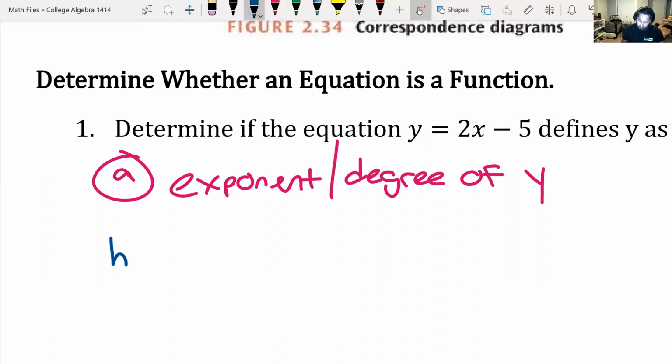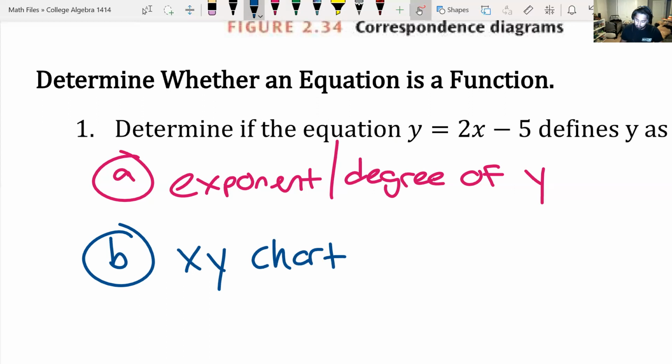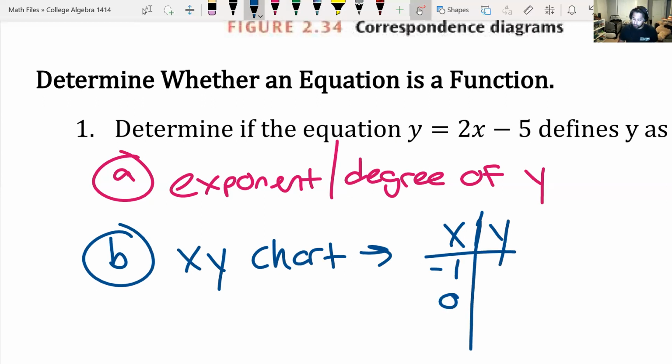Another way to look at it is to make an XY chart. And just a simple XY chart. Let's see. -1, 0, 1. If I take these x values and plug them in, I should only get one output of y.